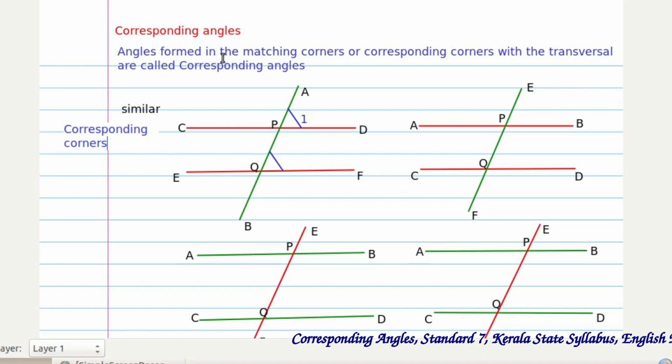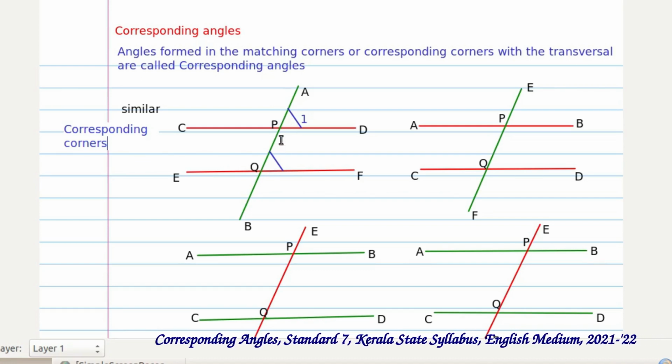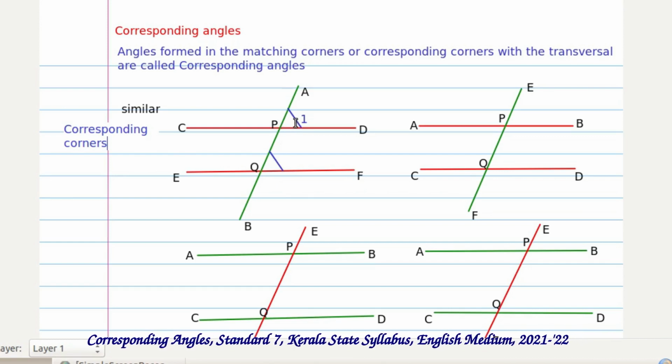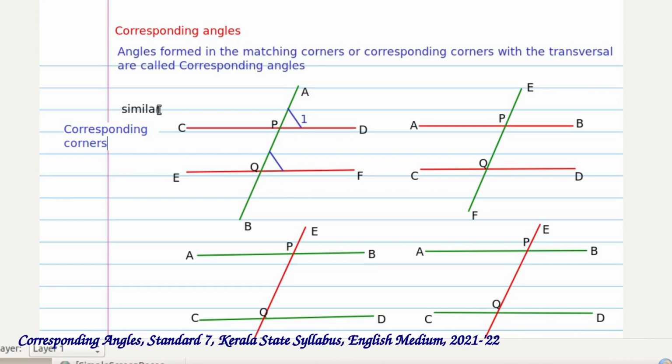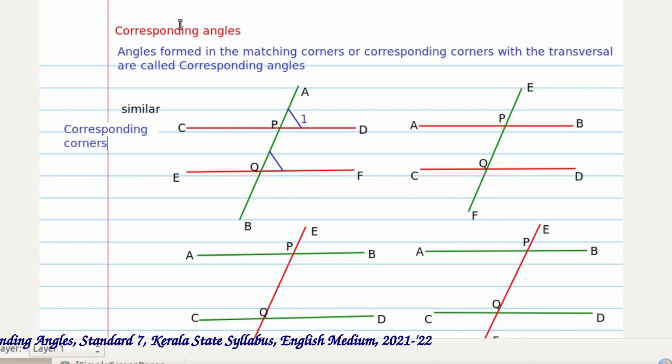Once again I say, angles exactly in the same positions, or angles in the corresponding corners, or angles in similar positions are called corresponding angles. I think this is clear.